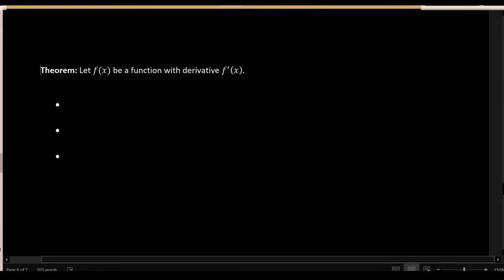Those observations were true for the case of f of x equals x squared, but in general, those same facts are true for any function f of x. If you have any function f of x, and you're representing the derivative function by f prime of x, the following three facts are true. If the original function is increasing, the derivative is positive.